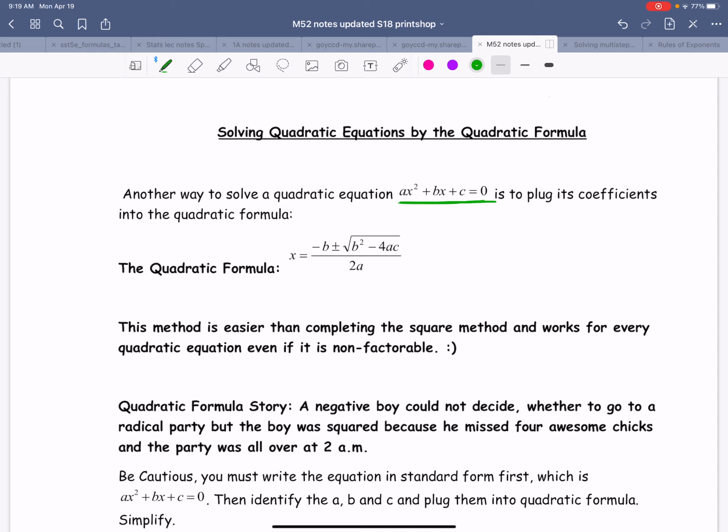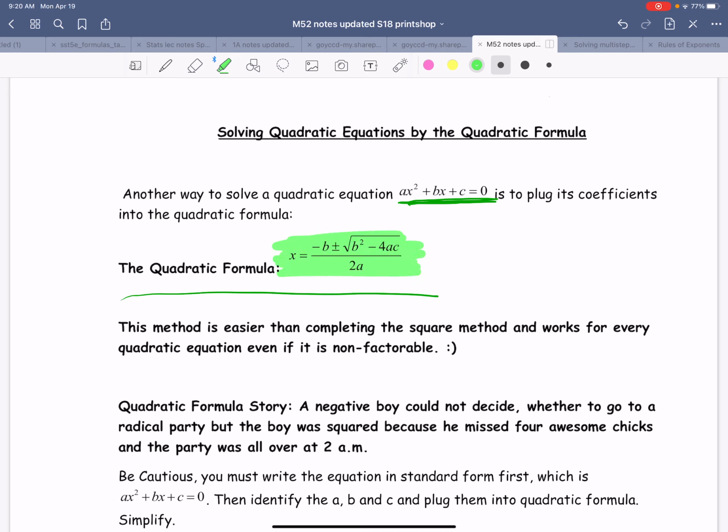So we will be looking at how to solve ax squared plus bx plus c equal to 0 using the quadratic formula. In this video, I'm not getting into how to derive the quadratic formula, just how to use it. The quadratic formula is x equals negative b plus minus square root of b squared minus 4ac, divided by 2a.